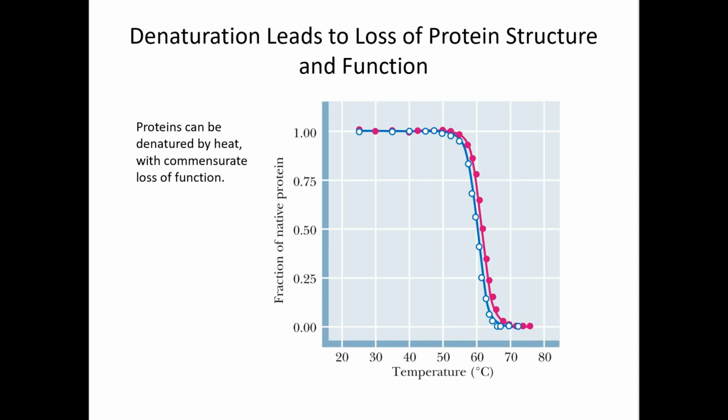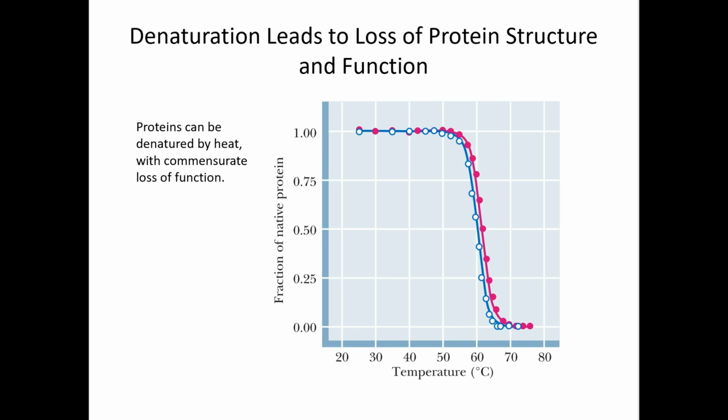So the next couple of slides are just slides which indicate that a denaturation does result in loss of function, and we can plot this degree of loss of function to temperature or change of chemical environment.